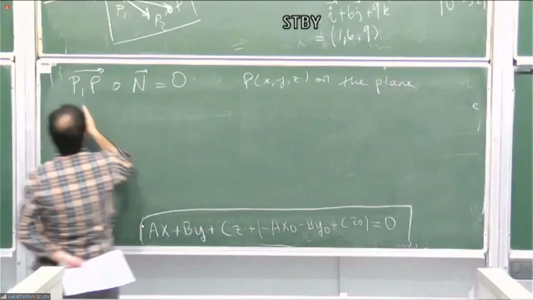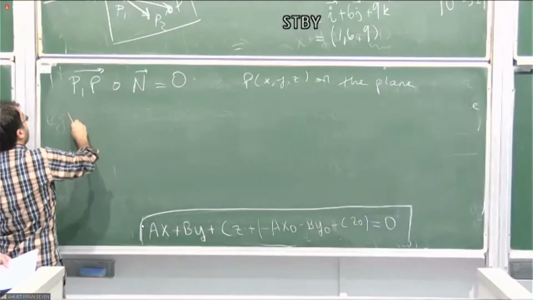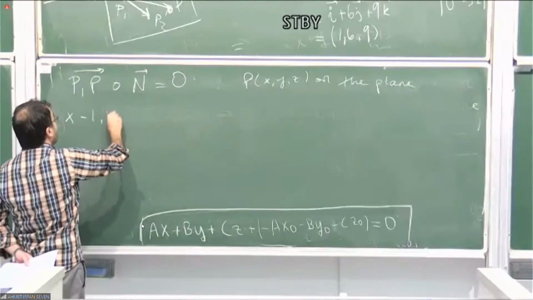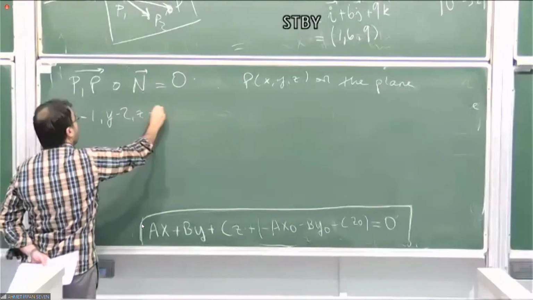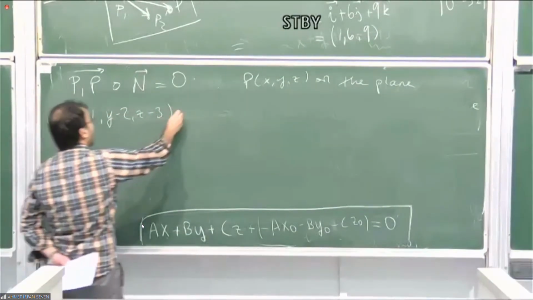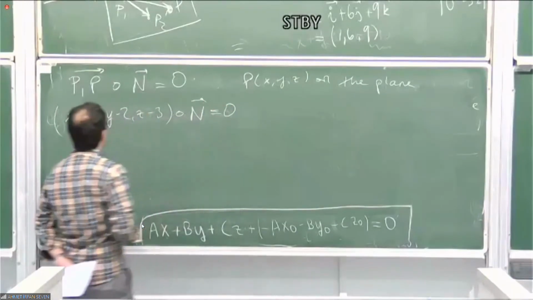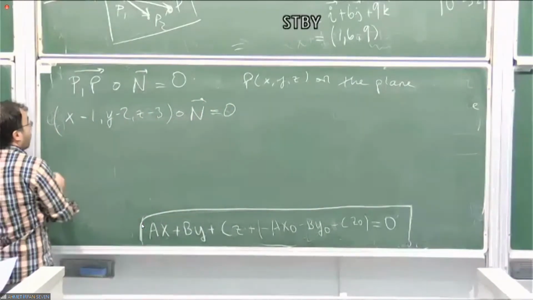All right. So P1P will be x minus 1, P1 is 1, 2, 3, y minus 2, z minus 3, dot n equals 0.